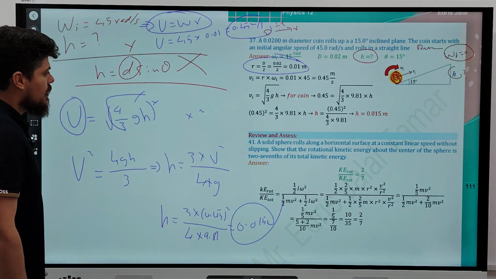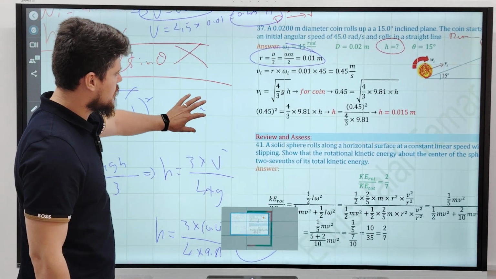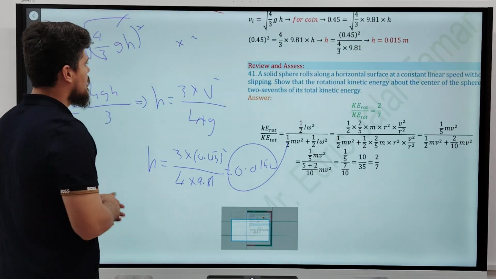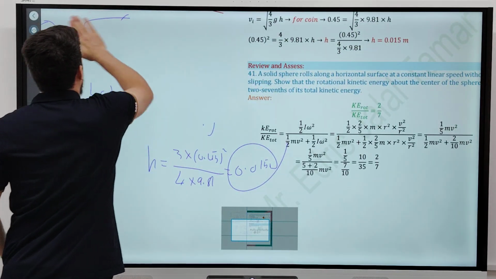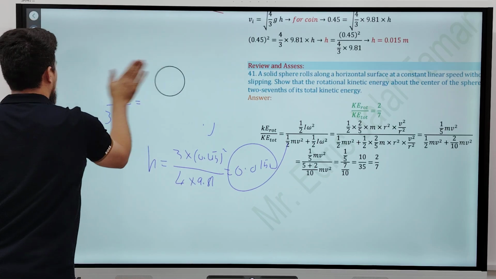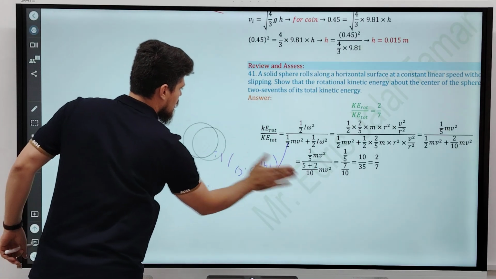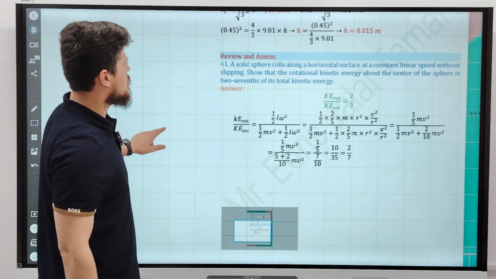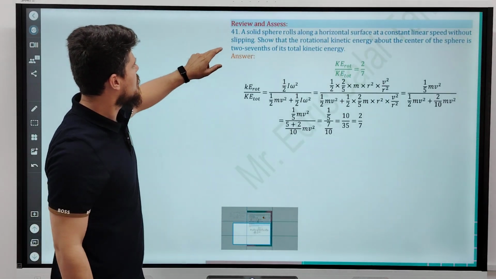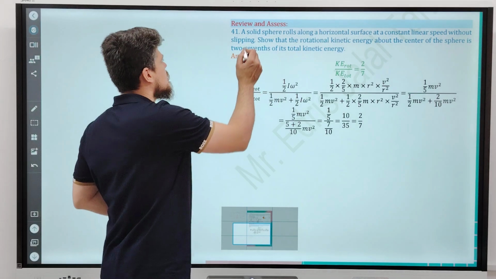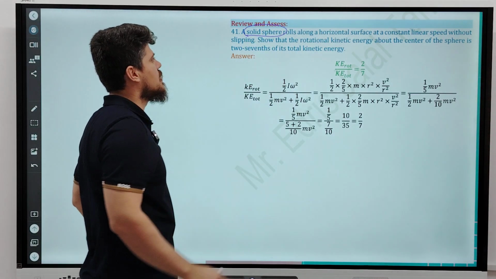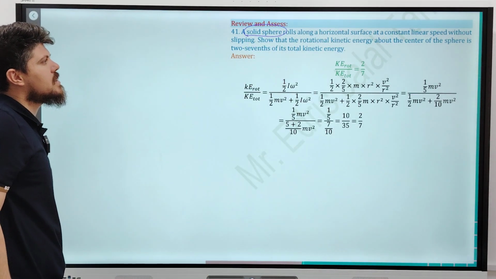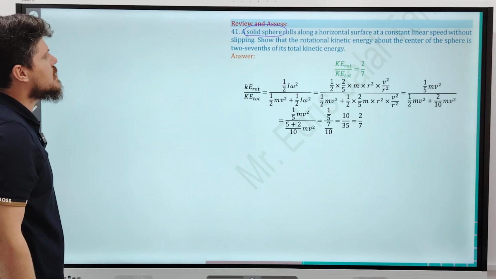Now, look at question 41. It's about the ratio. A solid sphere rolls. What is our shape? It is a solid sphere. It rolls along a horizontal surface at constant linear speed without slipping.